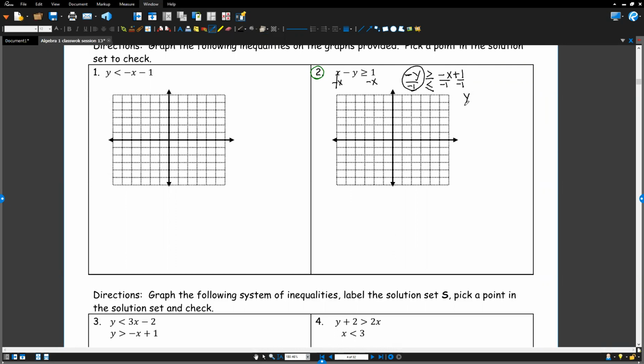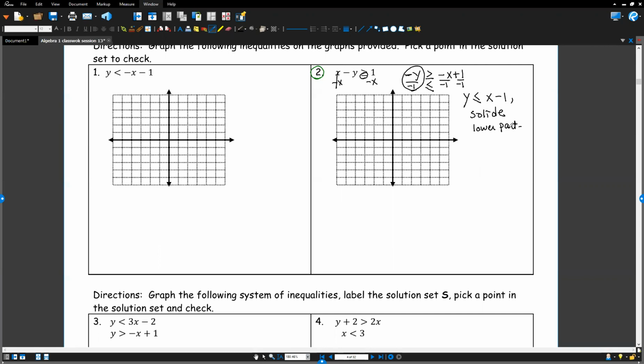So y is less than or equal to positive x, and 1 divided by negative 1 is negative 1. Now choose. The line is solid because of the equal sign. And where is the part? Lower part.